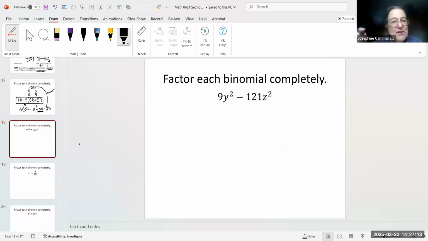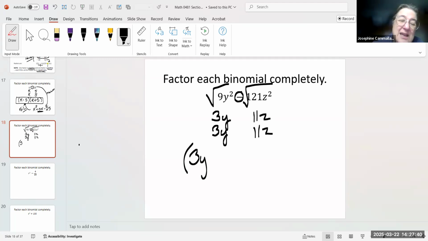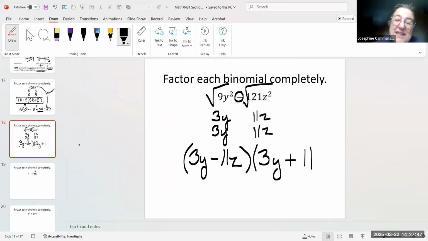Okay, now this one's going to be a little more interesting. I have a minus. Okay, we're going to see if we can take the root first. Because remember, we could still have a greatest common factor. But in this case, we don't. It's 3y, 11z. 3y minus 11z, 3y plus 11z.